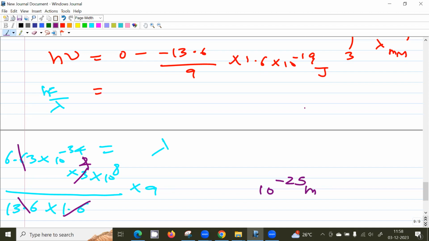What happened to that? I missed this one. c by lambda, lambda is there. 1.6 into 10 raised to minus 19 is there. No? So here we'll have 10 raised to minus 19. So this will become plus 19. So 10 raised to minus 6 meters.